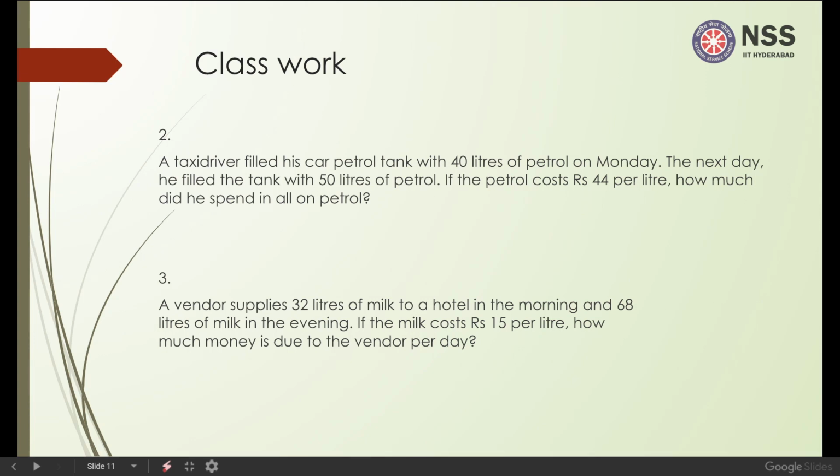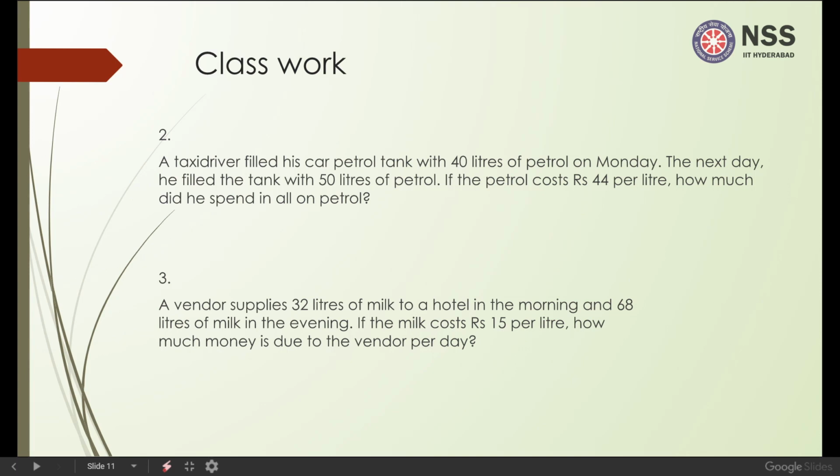Adding these two, 2200 plus 1760, we get 3960 rupees, which is the same as what we got earlier. Therefore, the taxi driver spent 3960 rupees on his car petrol tank.